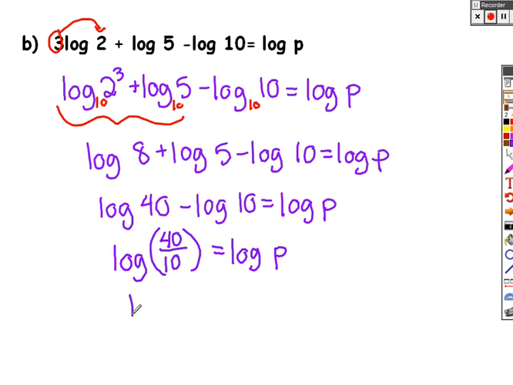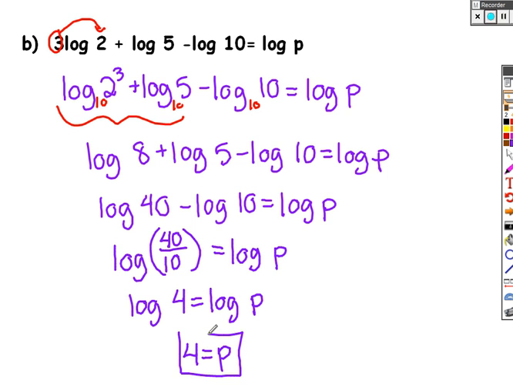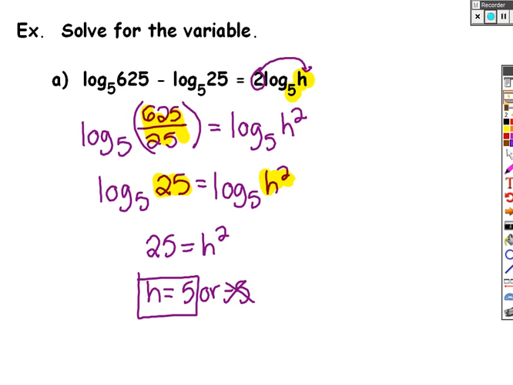So at this point, I have log base 10 of 4 equals log base 10 of p. Therefore, since these logs equal each other, they have the same base. P has to equal 4. Now note that on some of these, there may be multiple approaches to solving them.